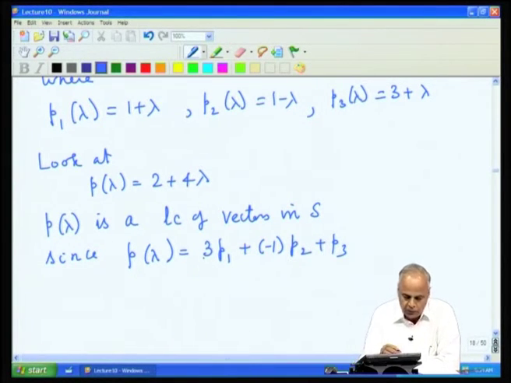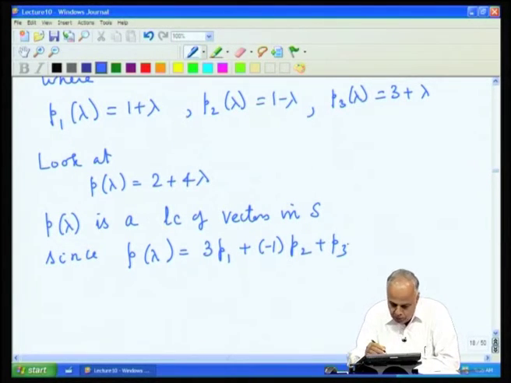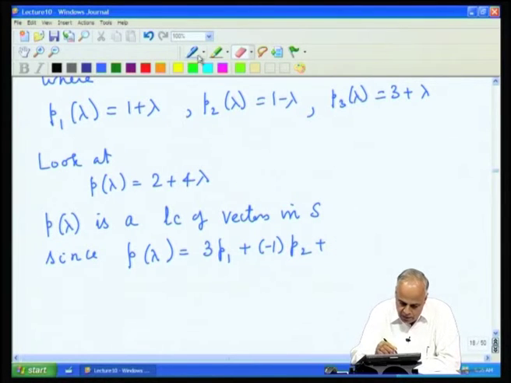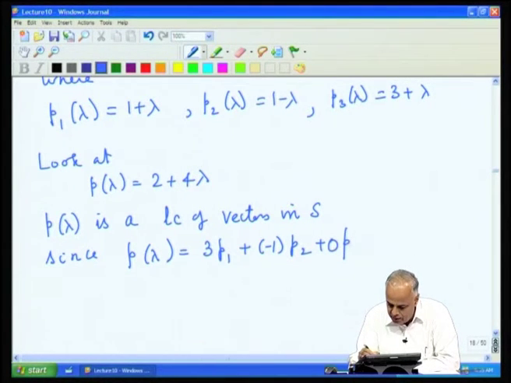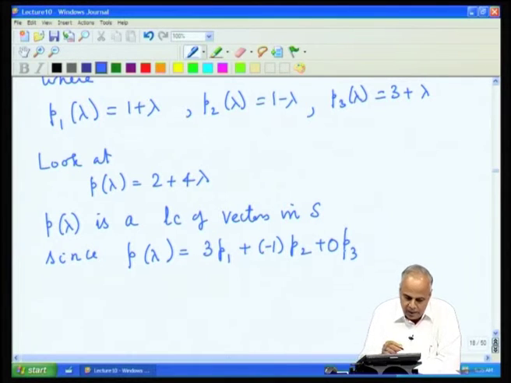For example, 3 P1 will give me 3 into 1, that is 3, minus P2 will give me minus 1. So, 3 minus 1 will give me the 2. The 0 times P3 is not contributing anything.